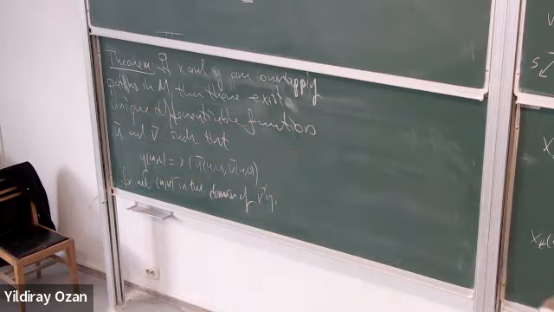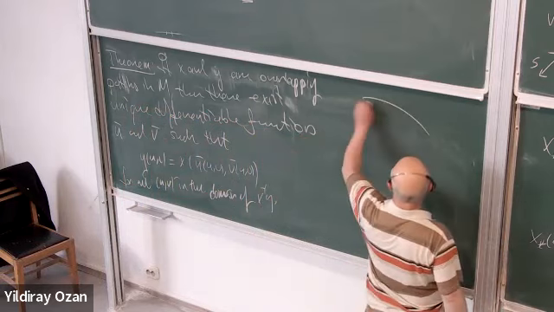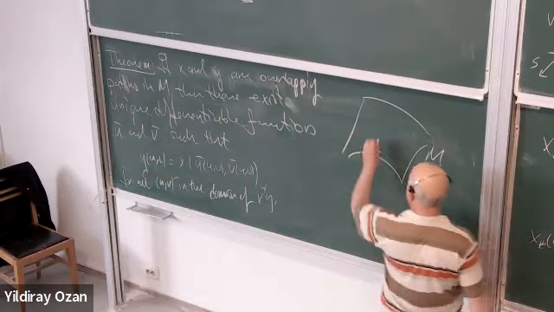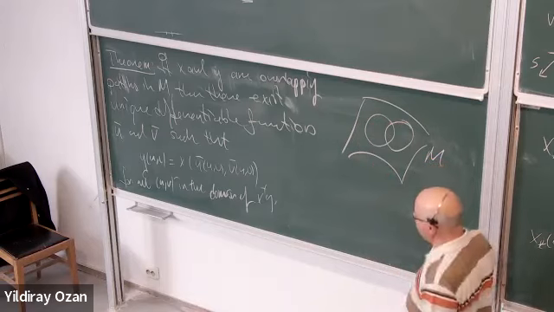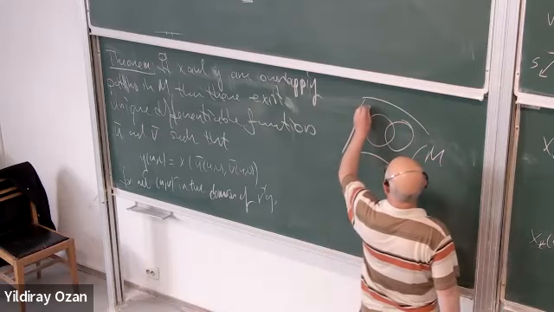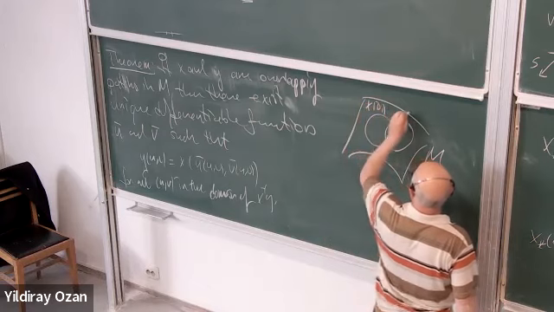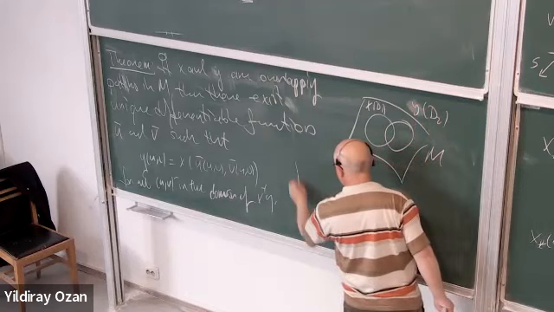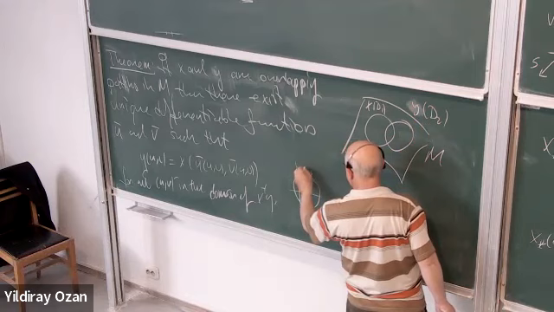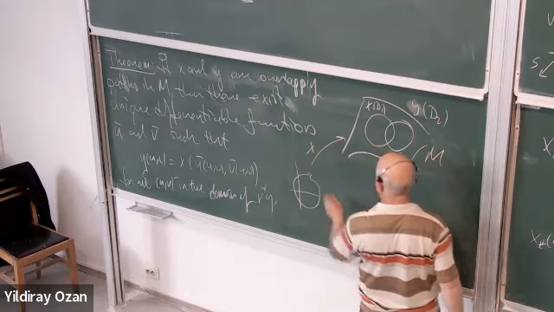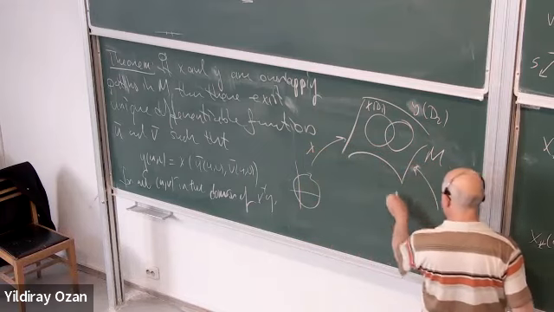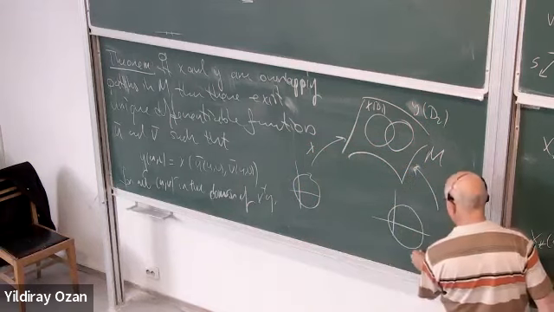So what is this? This is my surface, let's say, and I have two surface patches with overlapping images. Suppose this is x of d1, this is y of d2. So this is x and this is y.